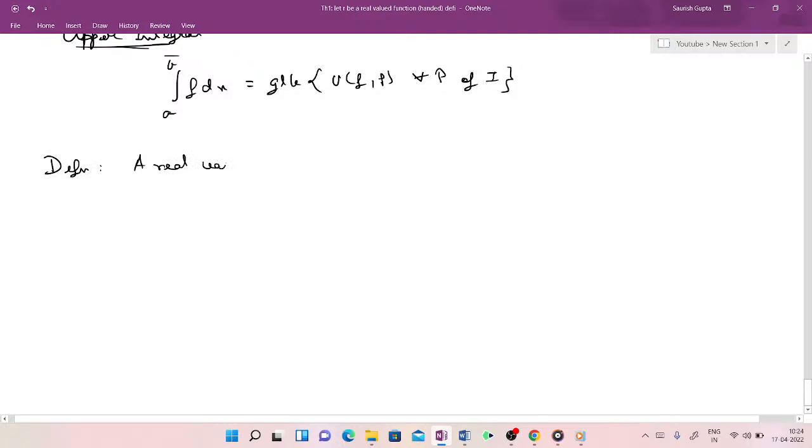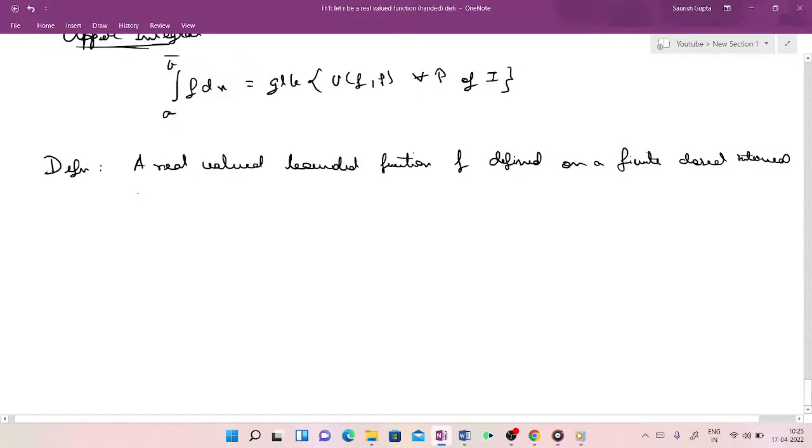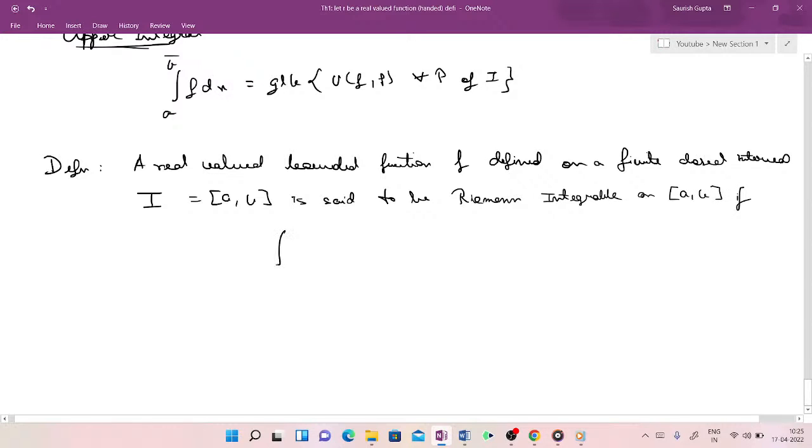A real valued bounded function f defined on a finite closed interval I equals to a to b is said to be Riemann integrable on the closed interval a comma b if the lower integral of f dx from a to b is equal to the upper integral of f dx from a to b.